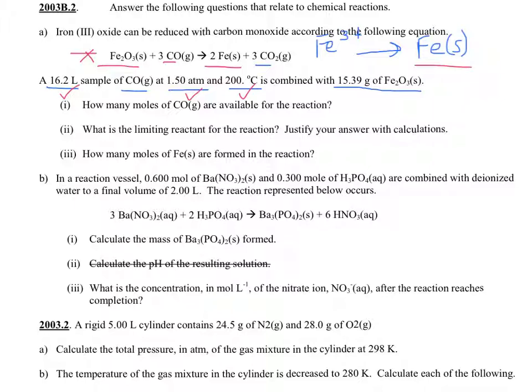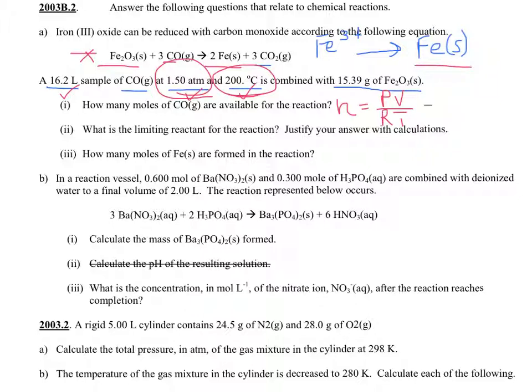When we rearrange that equation, we're going to get n is equal to PV over RT, and plugging all of those numbers in with the gas constant being 0.0821 because we have atmospheres of pressure, and the temperature, of course, converting the Celsius to kelvins, making that 473 Kelvin.